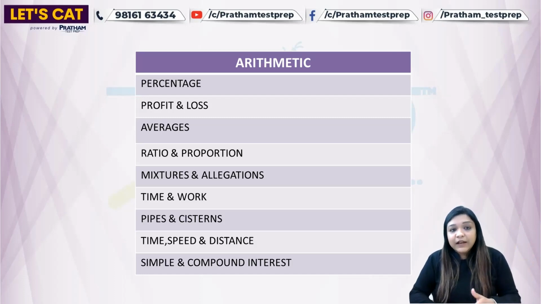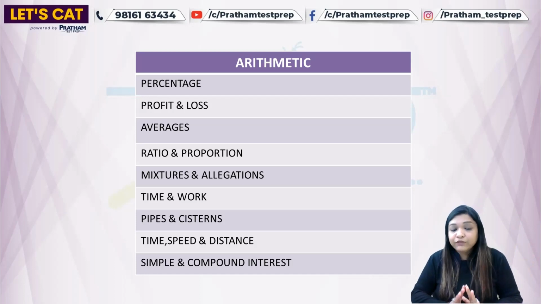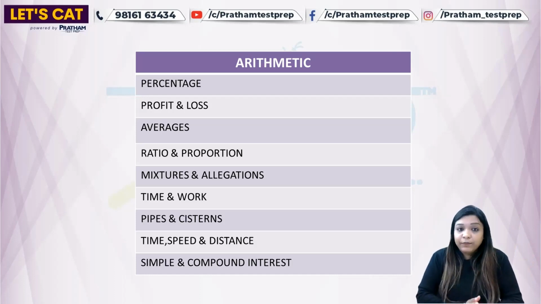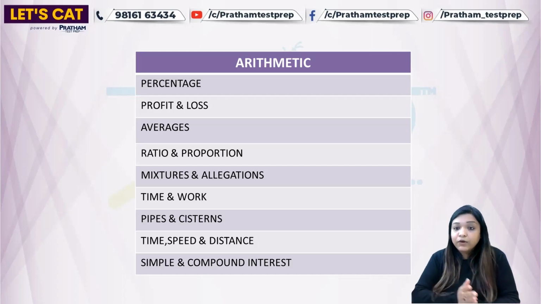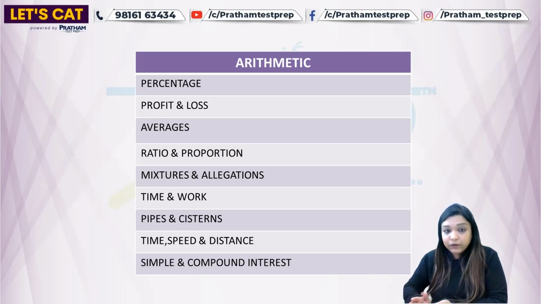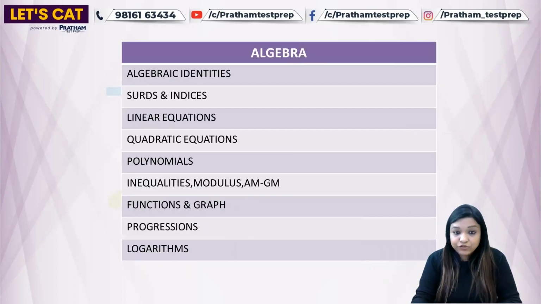What I mean is that doing just 50 questions from a topic is not sufficient. We have to do more. We have to do roughly around 200 questions from each topic to get in-depth knowledge about that particular topic. If I talk about percentage, it is not just 50 questions that we talk about. We should talk about the content part, the theoretical part, the conceptual part, and the practice part also, right? So we have to study all these topics in depth in order to crack our CAT arithmetic section.